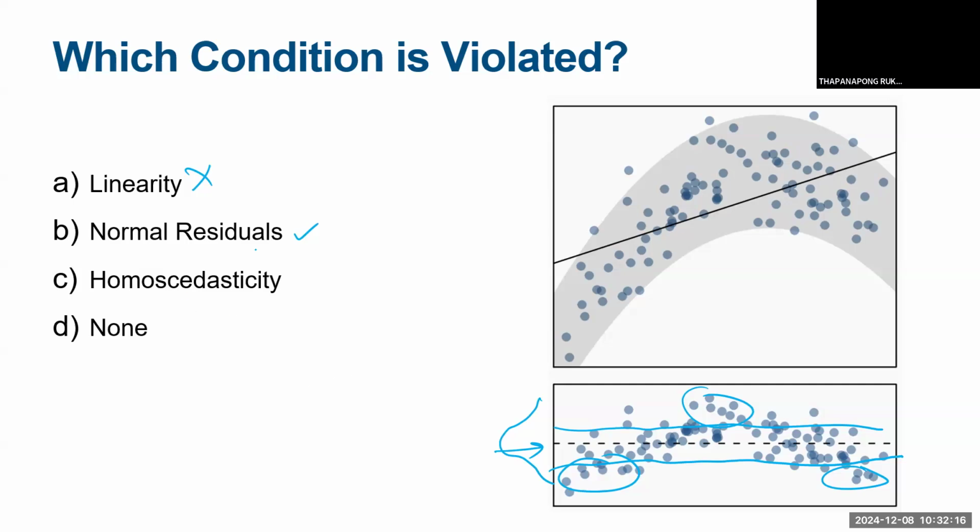What about homoscedasticity? For homoscedasticity, you look at the distribution over the range. So maybe you split this area into four, and then you look at the distribution of each one.